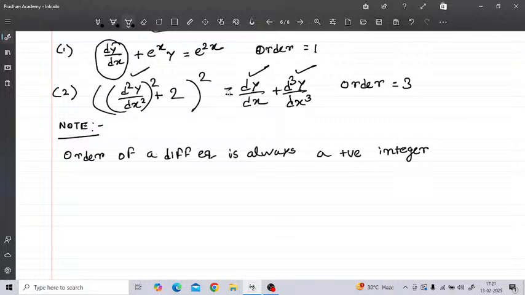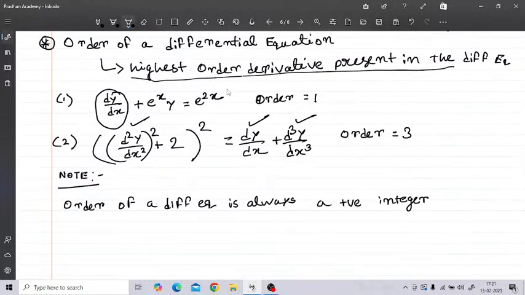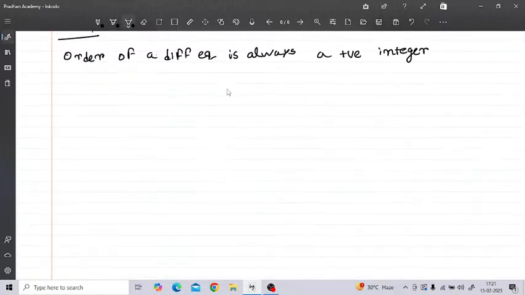It is clear from its definition that it is defined as the highest order derivative, so order of derivative is always a positive integer. So order of a differential equation is also a positive integer. Now the main thing, the degree of a differential equation. That's a quite tricky thing to remember.